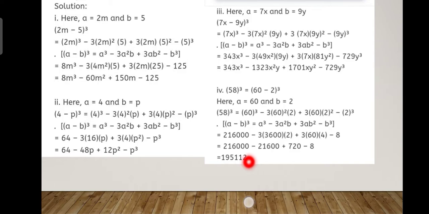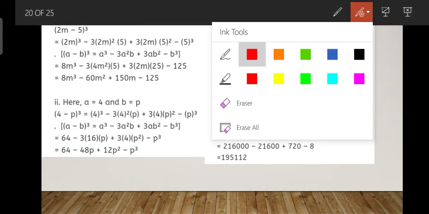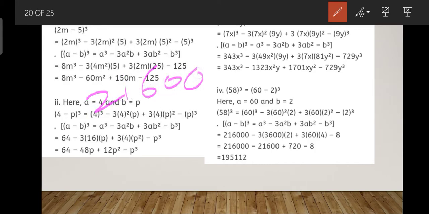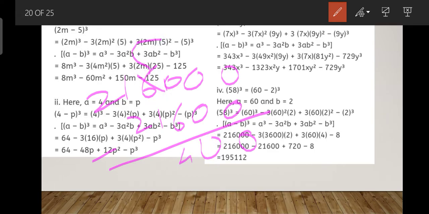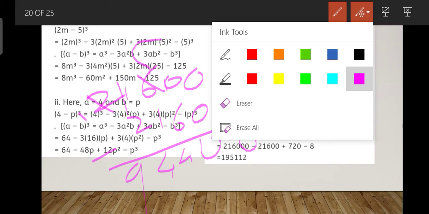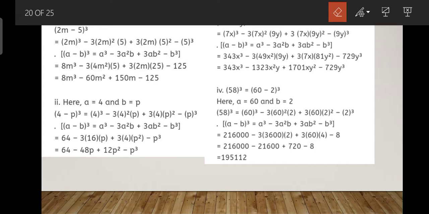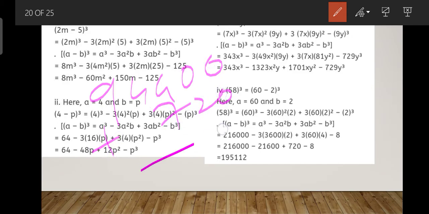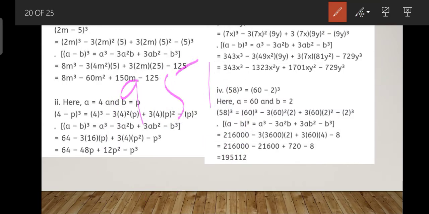Okay, so how could we do that? 216000 minus 21600, so we have 0 minus 0 minus 0, 10 minus 6 is 4, this remains 5, 5 minus 1 is 4, 1 11 10 9, so we have 194400. Then we are going to add 720, so we have 195120. Then we are going to subtract 8.